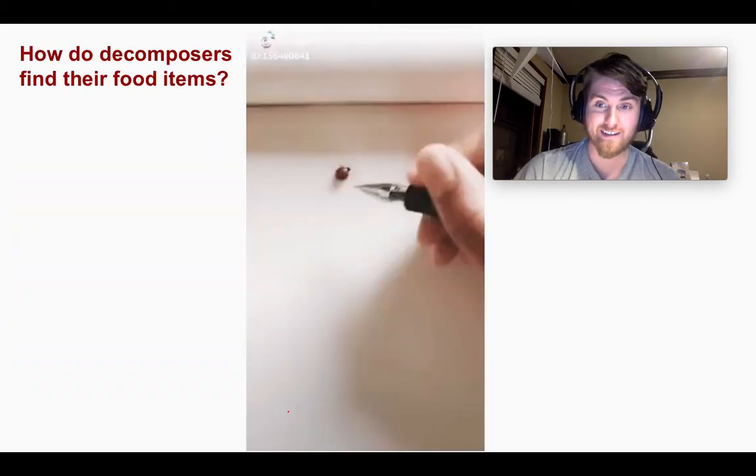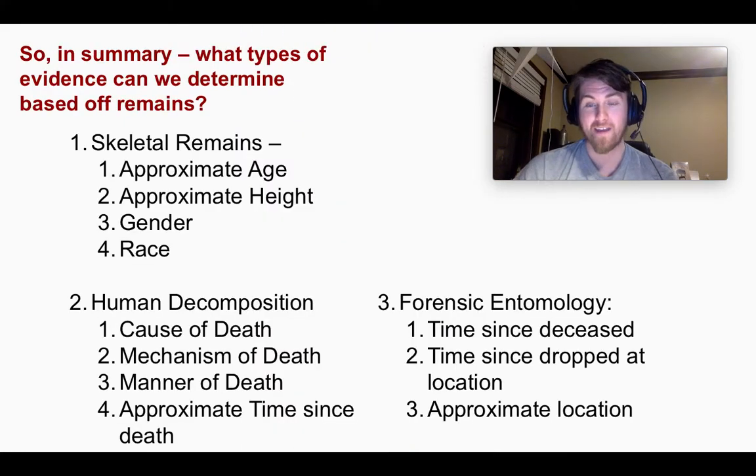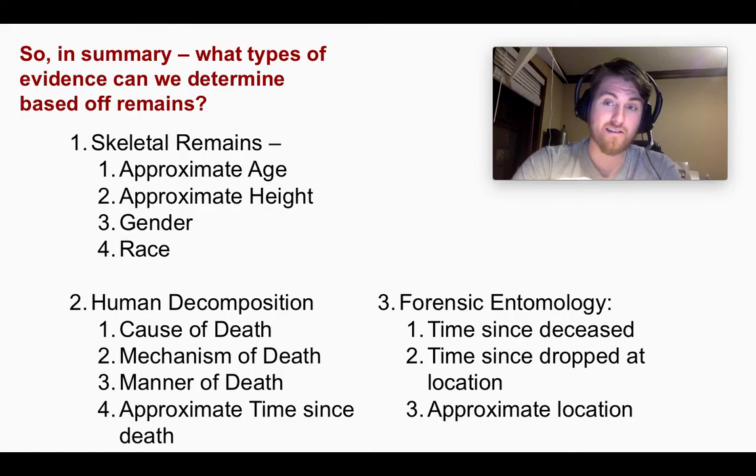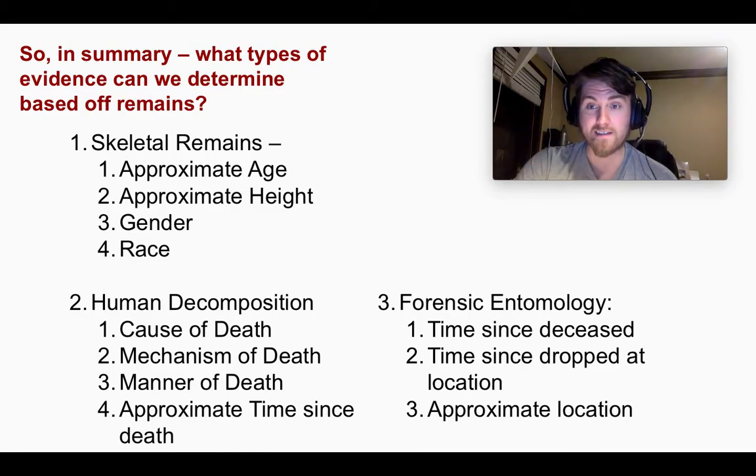But unfortunately, this is now the end of our anthropology unit. So I just want to do a quick recap of what you can figure out based off of remains alone. The first thing that we did was skeletal. Skeletal remains can tell you the age, the height, the gender, the race. Any of those can be really telling.